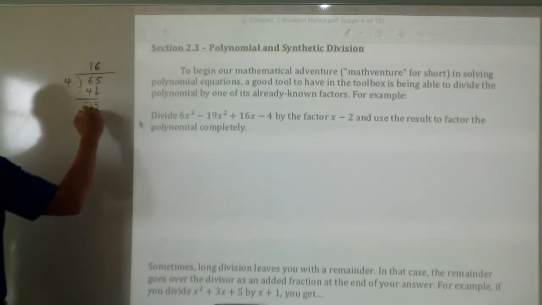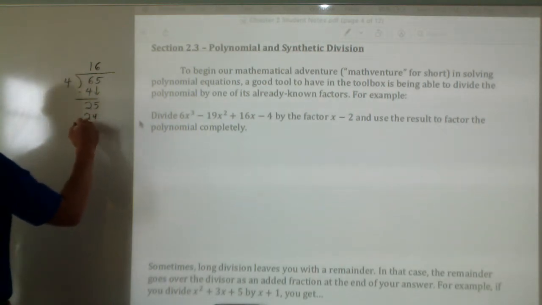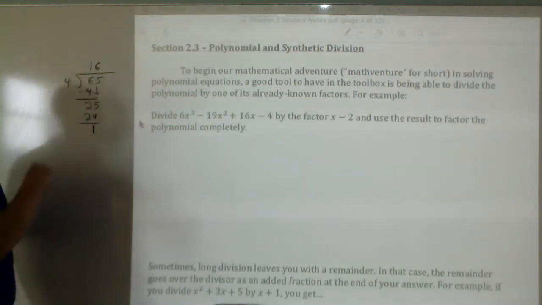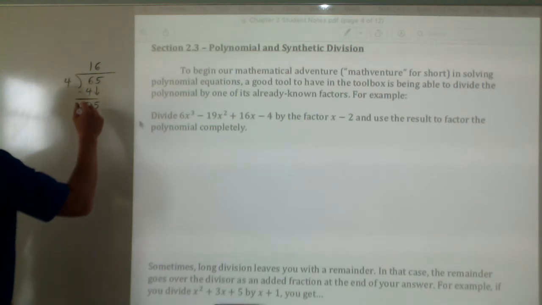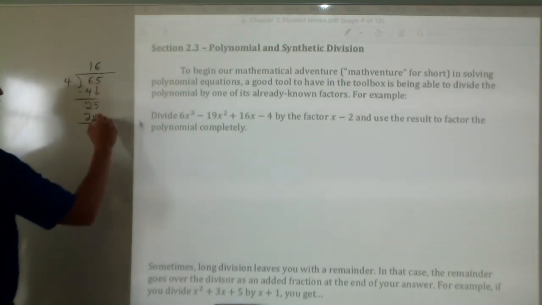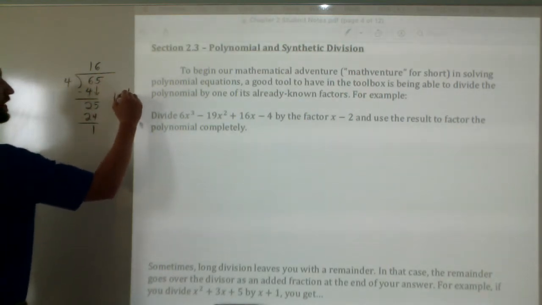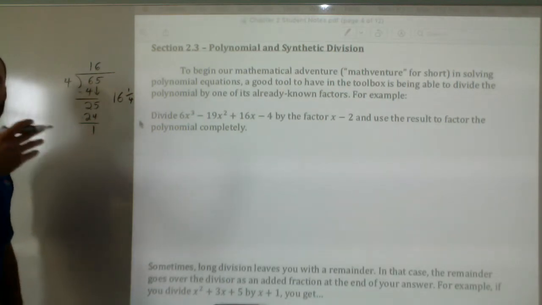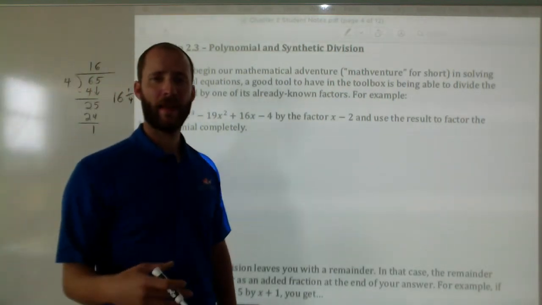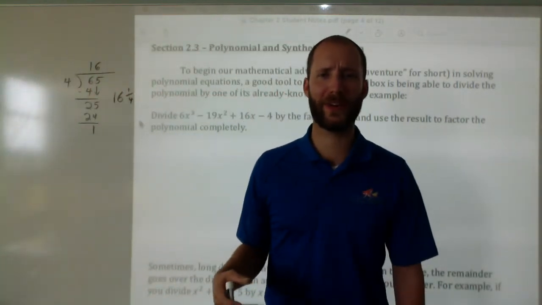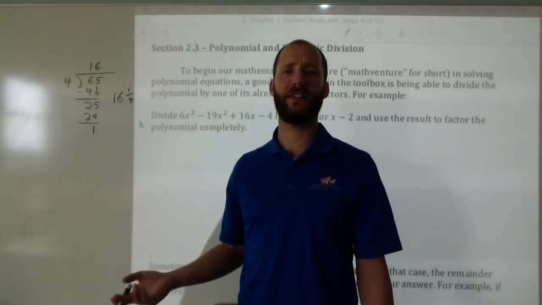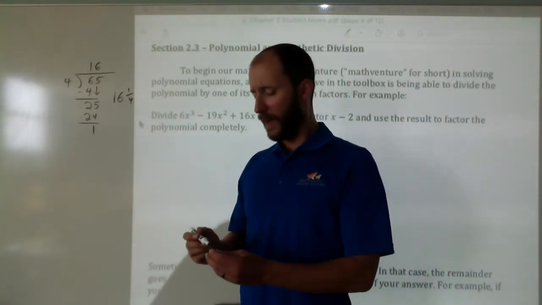And then you multiply again, you get 24, and subtract and get 1. And there's nothing else to come down, so we have a remainder. So that becomes 16, and our remainder over our factor. And we kind of laughed like, wow, we're kind of dumb. We forgot how to do long division by hand.